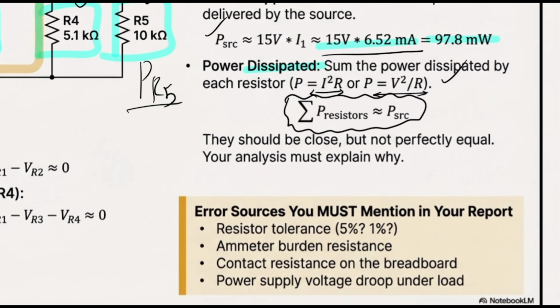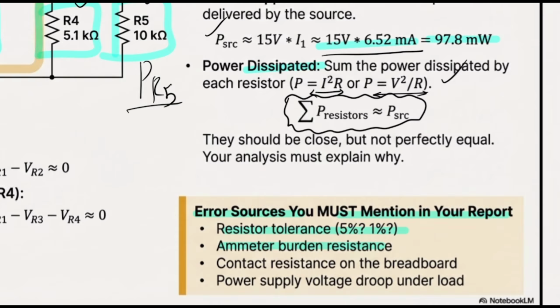So what is the important part? The important part is that you have to know the error sources that you have to mention in your lab report, because you have to talk about why you have the error. So the error would be based on resistor tolerance. As you know, the last color band of the resistor talks about the tolerance, maybe 1%. Ammeter burden resistance, the amount of resistance that you have inside your ammeter.